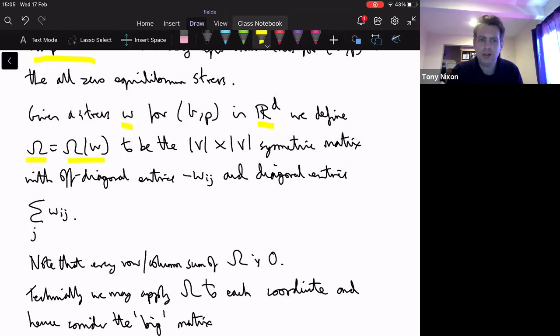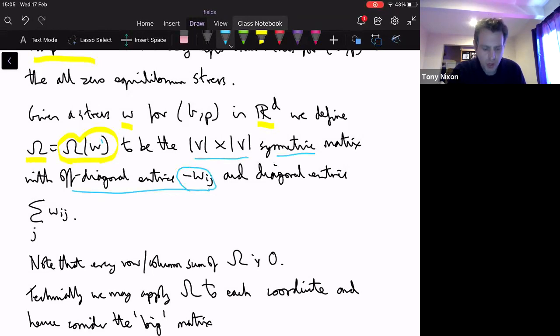If I want to edit the stress, I'll use the same big letter, but the matrix will change, because the omega would change to an omega dash or something. So it's a square matrix where the rows and columns are both indexed by the vertices. It's symmetric, and the off-diagonal entries are the negative of the stress.